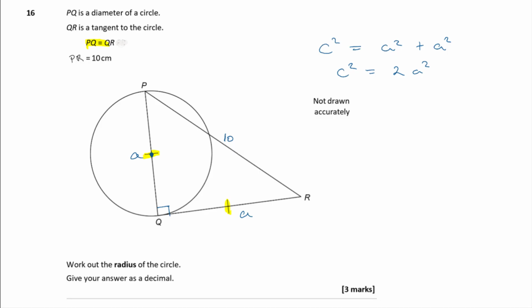Okay, so we know that c is 10, so 10 squared is 2a squared, or in other words 100 is 2a squared. So dividing both sides by 2, I'm going to get 50 is a squared, so a is going to be the root of 50, isn't it?